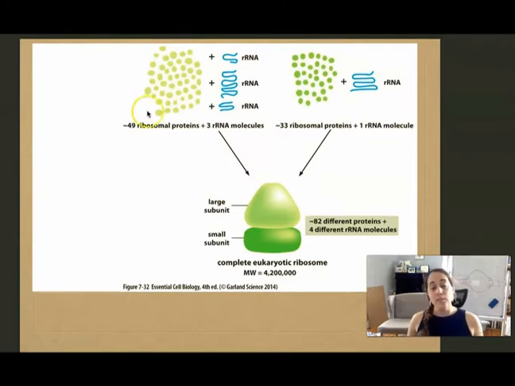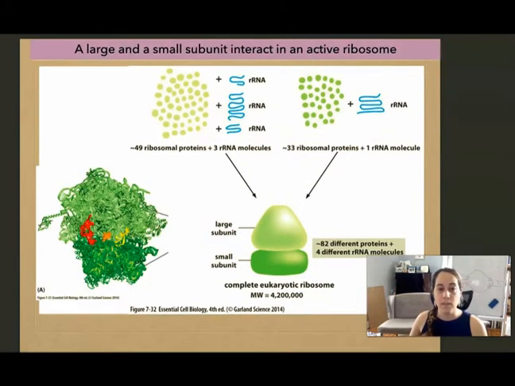All right, so as a functional unit, the two subunits of the ribosome come together, the large subunit and the small subunit, and there are binding sites for the mRNA as well as tRNA molecules. First, I'll show you the 3D structure here. So this is the 3D structure of a ribosome.